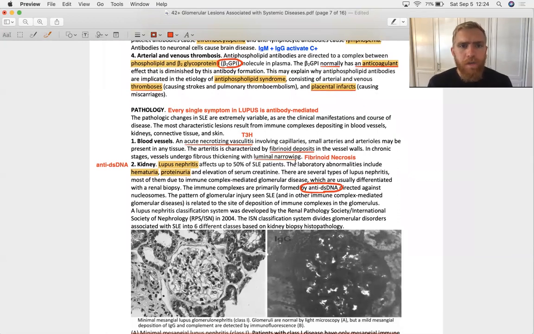And arterial and venous thrombosis, what's the pathogenesis for the clotting in lupus? Well, there's this anticoagulant protein, beta-2 glycoprotein 1, and beta-2 glycoprotein 1 becomes activated when it binds phospholipid. Let me walk that back.